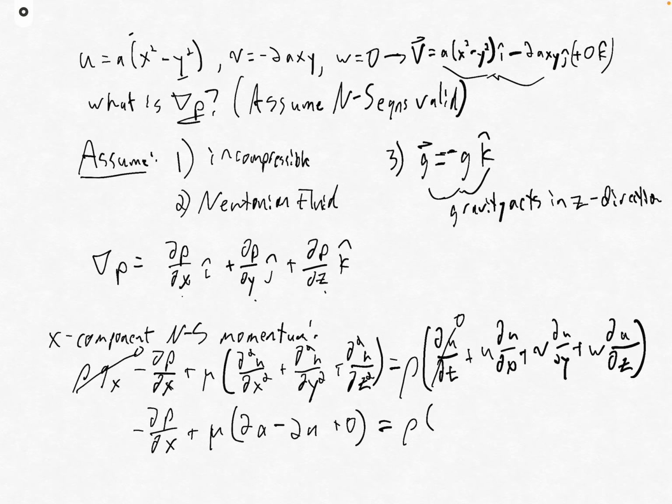And this is going to be our a times (x squared minus y squared) times du/dx, which is just going to be 2ax, plus v du/dy, right? v is minus 2axy, times du/dy, which is just going to be minus 2ay, plus w du/dz, and here we're given that w is 0, and so this term is just going to be 0.